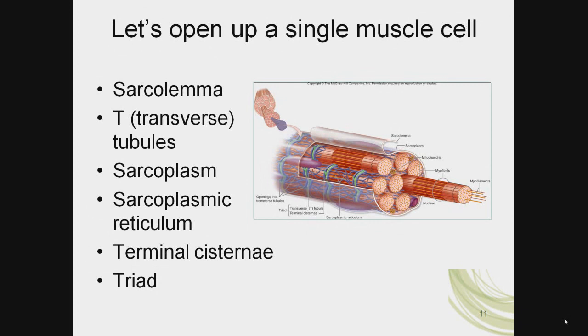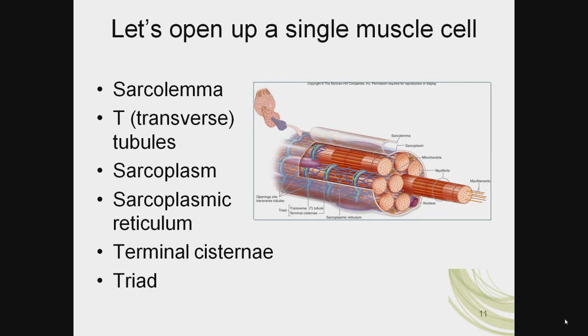You see that bluish swollen ending, the terminal cisternae, that's what that's called, the swollen ending of the sarcoplasmic reticulum, right next to a green T-tubule, and then you see another swollen ending. So you see a terminal cisternae, T-tubule, and another terminal cisternae, T, T, T, 3 T's, that's your triad.